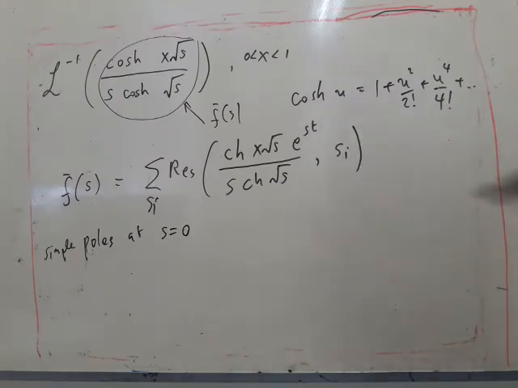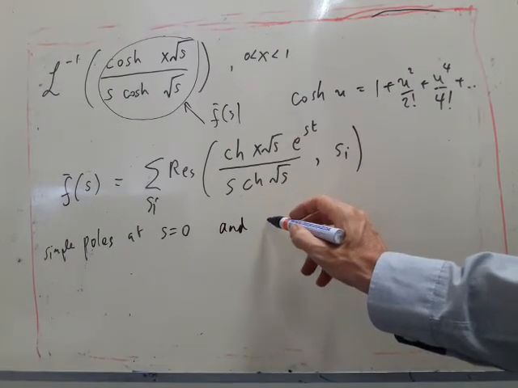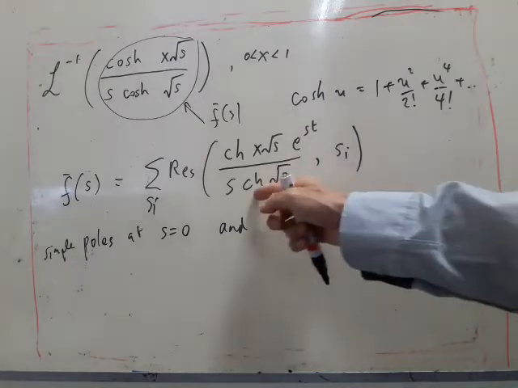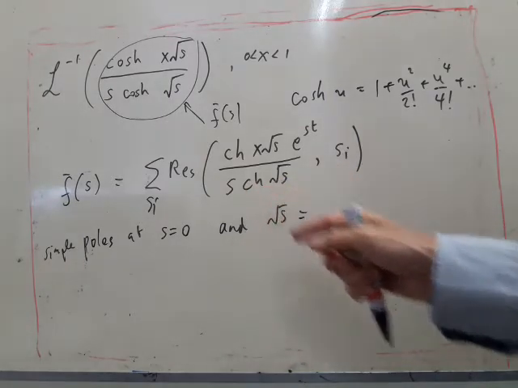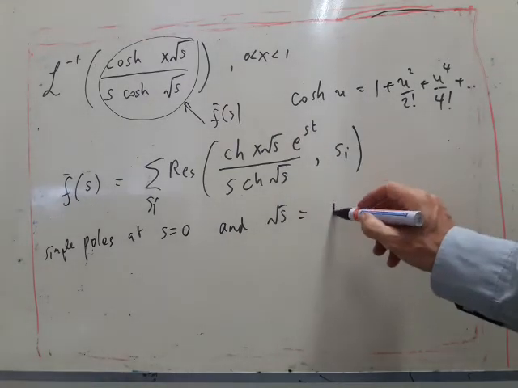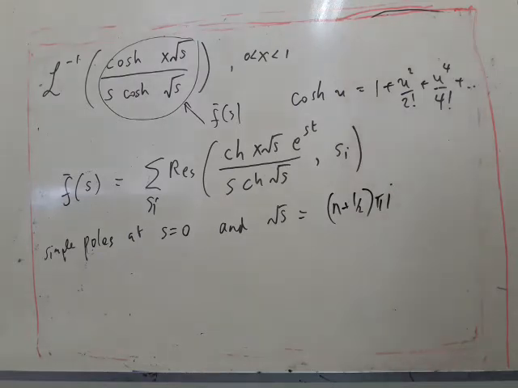And also when root s is equal to, so where does cosh have zeros? Cosh has zeros at n plus a half pi i.